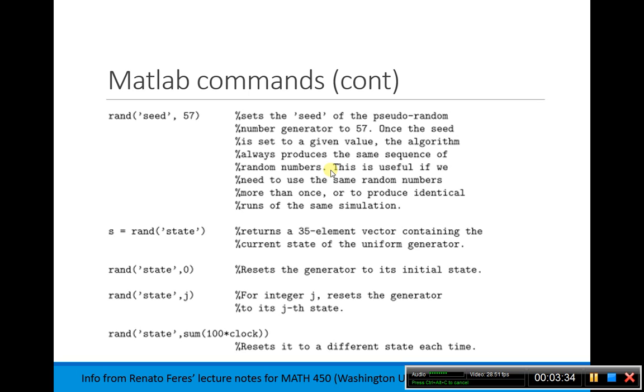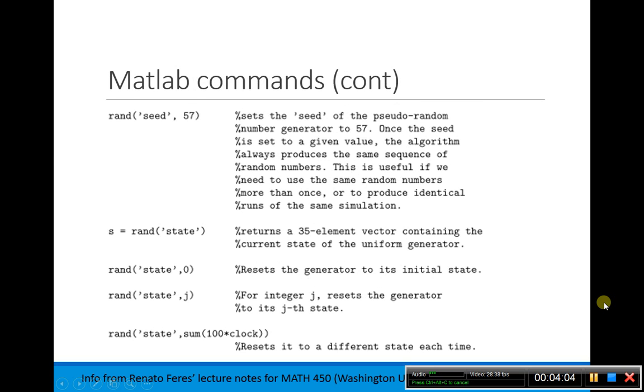Here, rand state returns the current state of the uniform generator. If you set the state to 0, it sets it back to its initial state. If you set it to J, like 5 or something, it sets it to its 5th state. If you want to reset to a different state each time, so not reproduce, you can use this command.